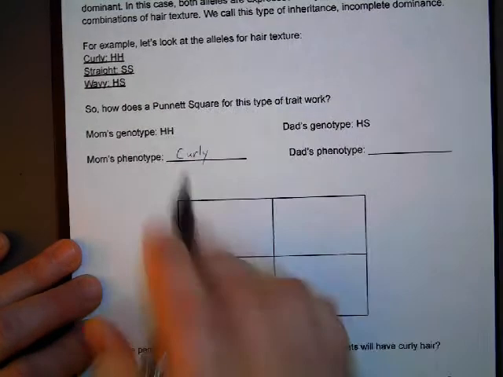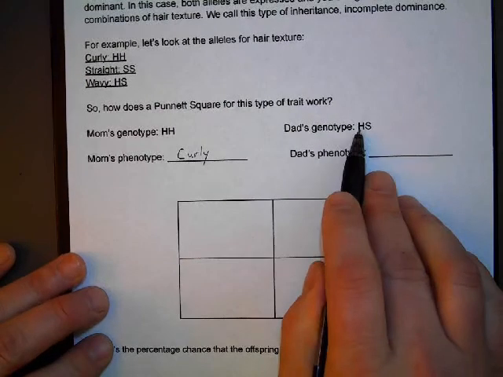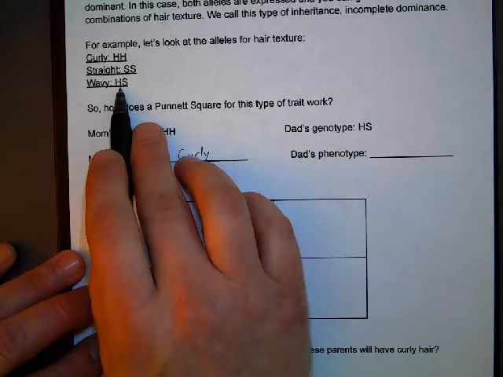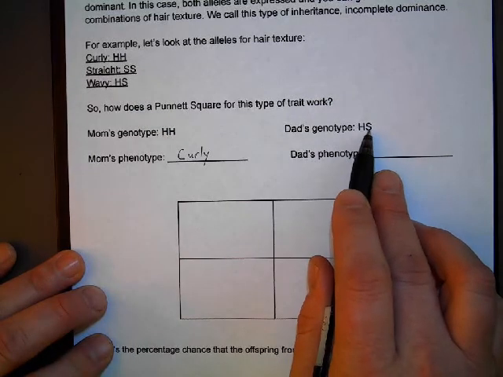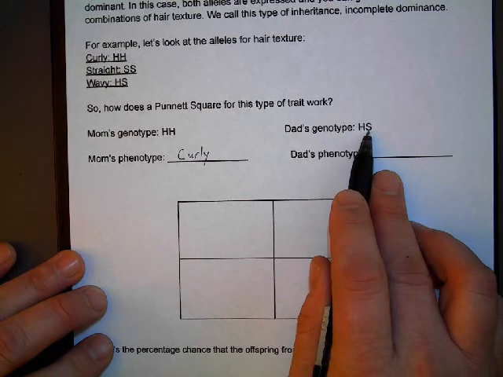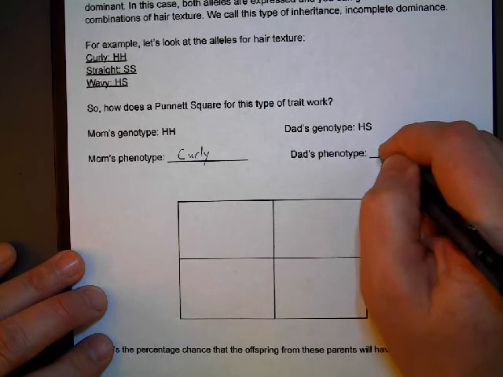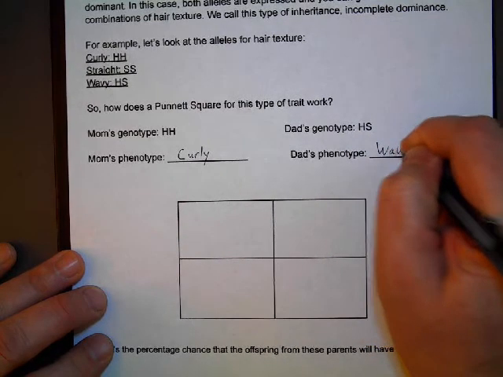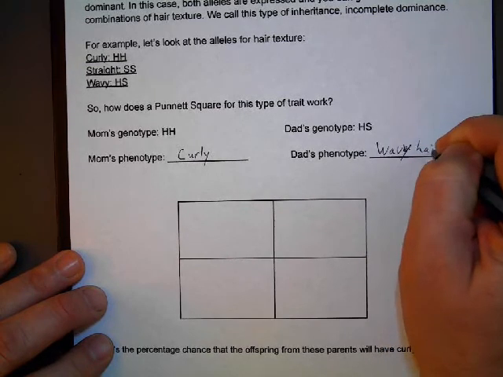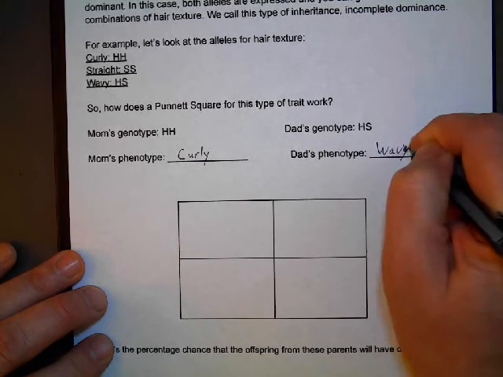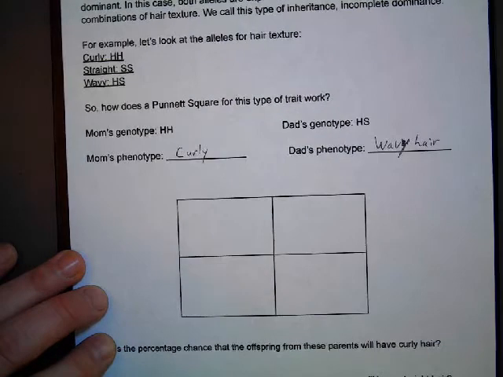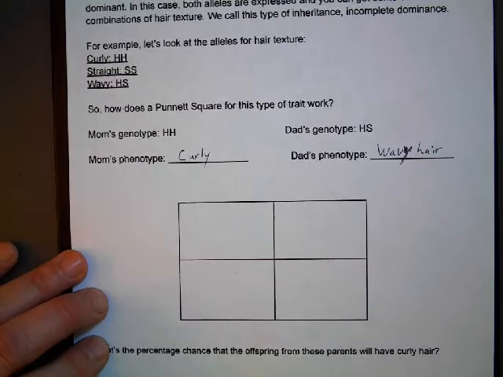So the mom would have curly hair, and the dad's genotype, capital H, capital S, would code for wavy hair because both of these alleles would be expressed, both the allele for curly hair and the allele for straight hair. And so dad's phenotype would be wavy. Oops, I spelled that wrong. Wavy hair. Sorry about that. That's embarrassing. Wavy hair.